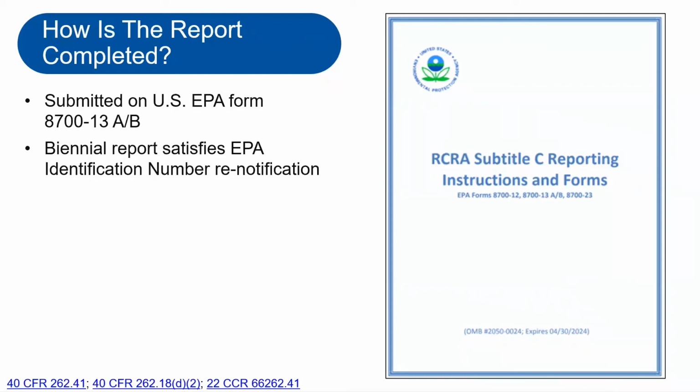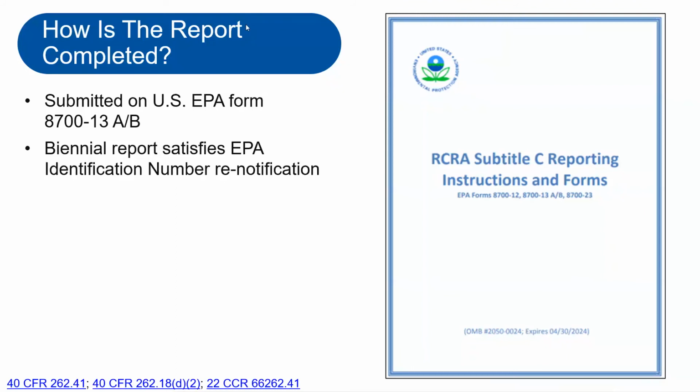In the biennial reporting, completion and submittal of EPA Form 8700-13, that satisfies for RCRA large quantity generators the EPA identification number renotification. So there is not a separate notification required if you are a RCRA large quantity generator. That renotification is completed as part of your biennial reporting.